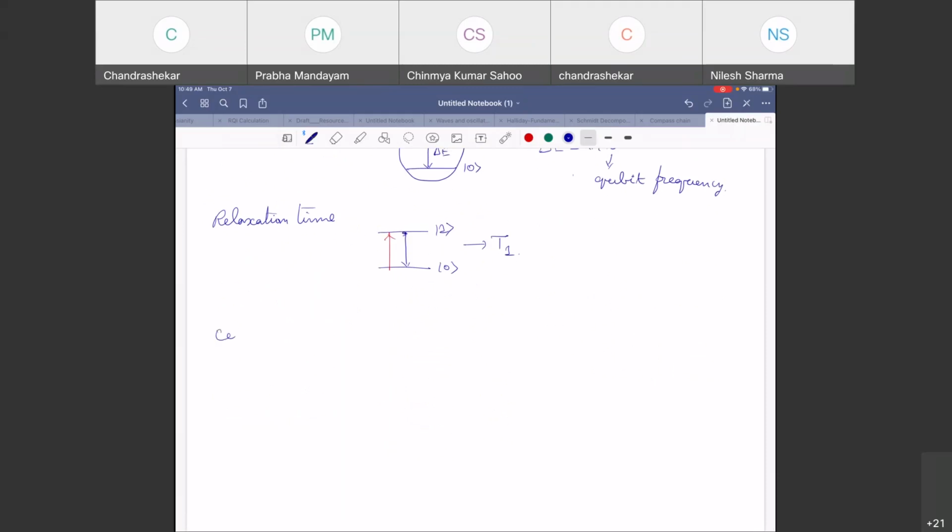The third one is the coherence time. Coherence time is how long a qubit can retain its quantum nature. When you prepare any kind of quantum system, it's going to be in contact with an external environment. This is naturally going to drive the qubit to a classical side.